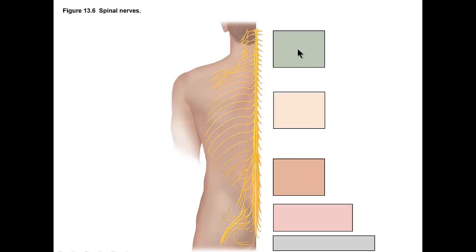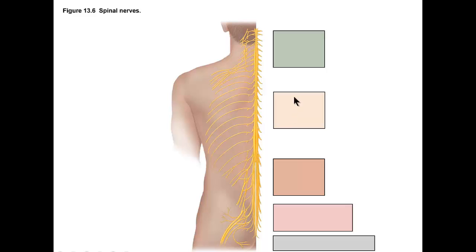So there's C1 through C8 here in the neck. And an important nerve that comes off of that is the phrenic nerve, which serves the diaphragm. So people that have a cervical spinal cord injury will lose the ability to contract the diaphragm and breathe. So very often they're on a ventilator to stimulate that diaphragm to allow them to breathe.